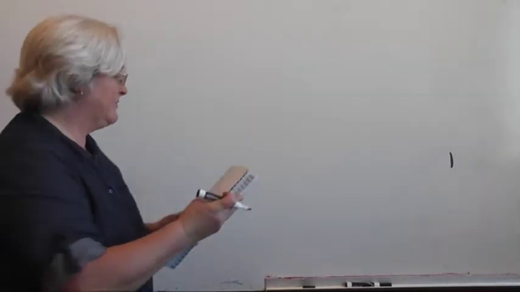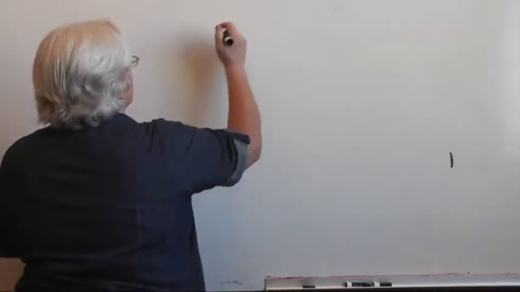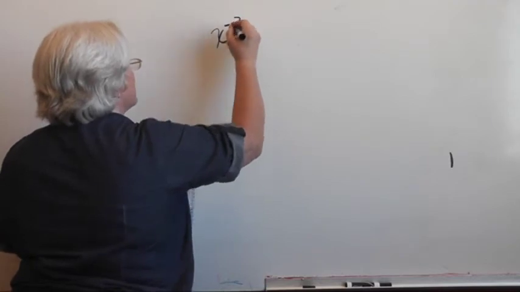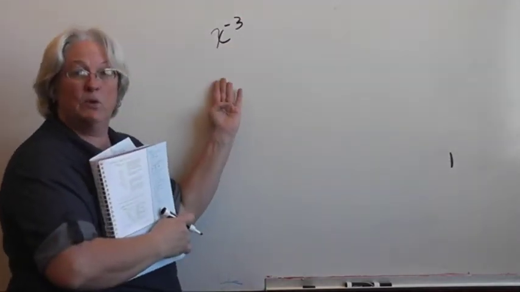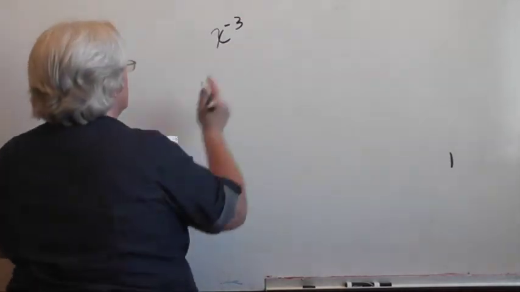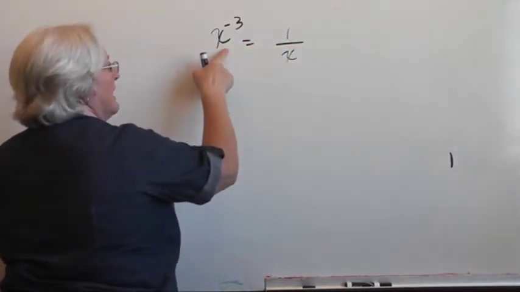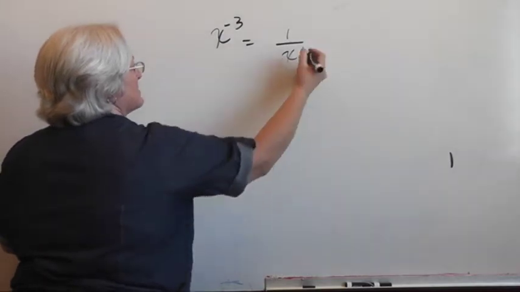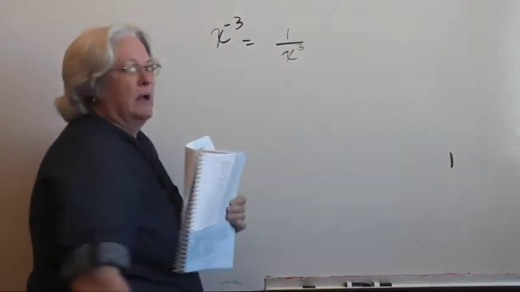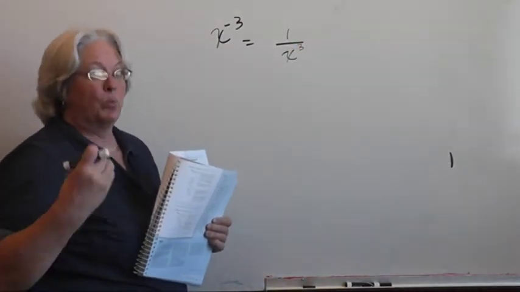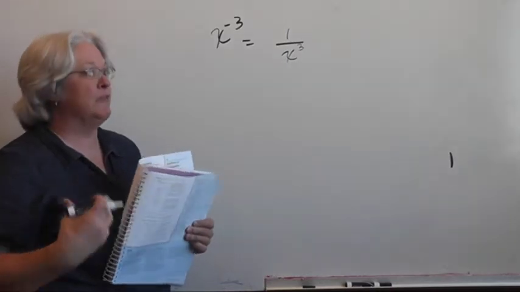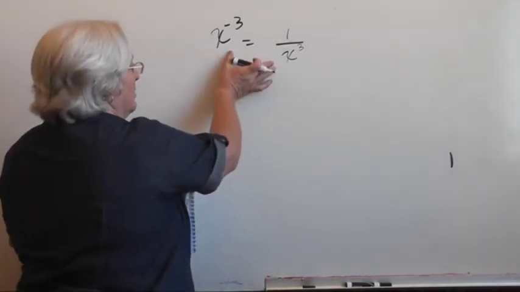So we're now on page 20. This says, apply the properties of exponents to simplify the following. So if you have x to the -3, it says if you have a negative exponent, you write the reciprocal of the base, x, the reciprocal is 1 over x, and the exponent's positive. There's no work to do, you simply have to know that rule.